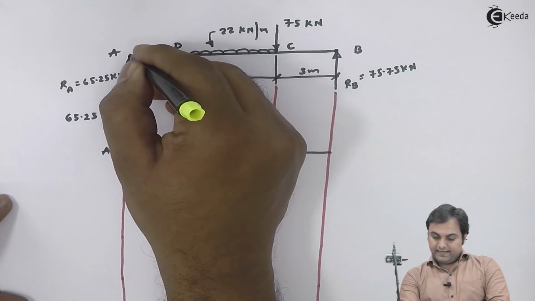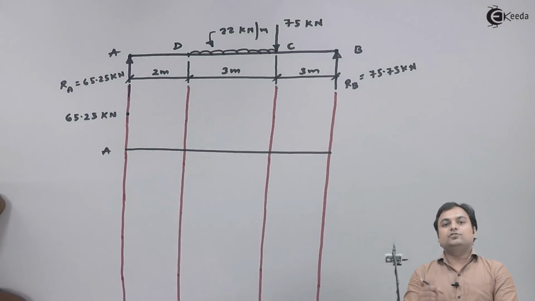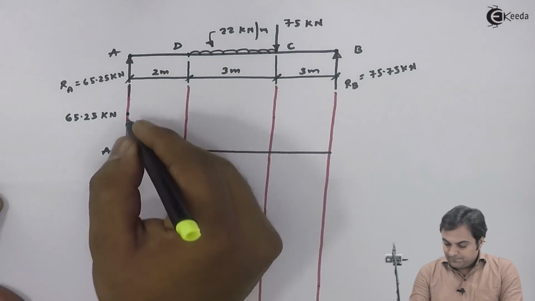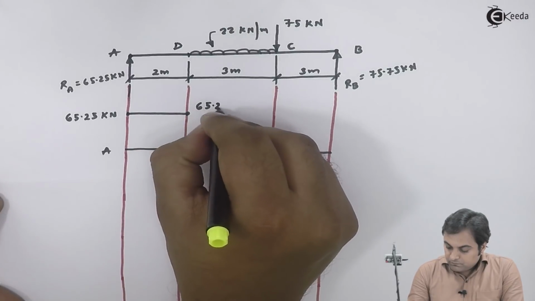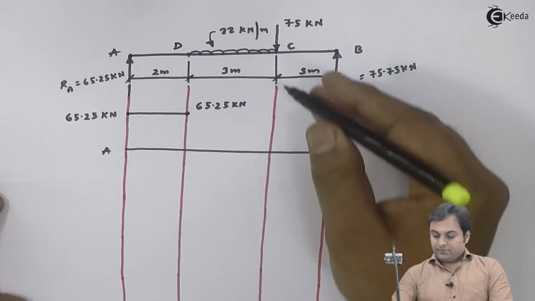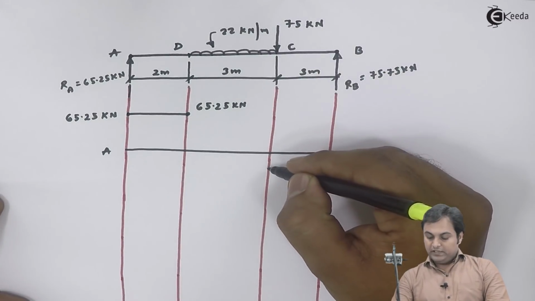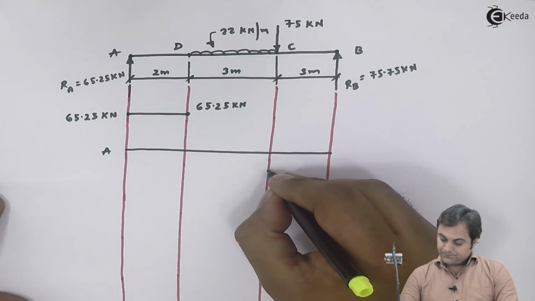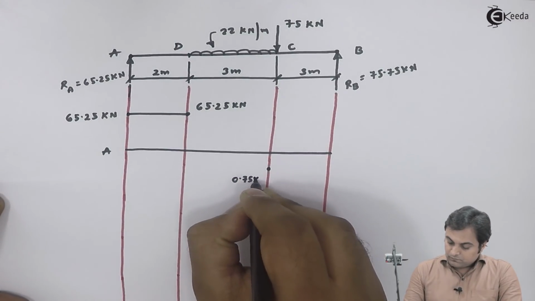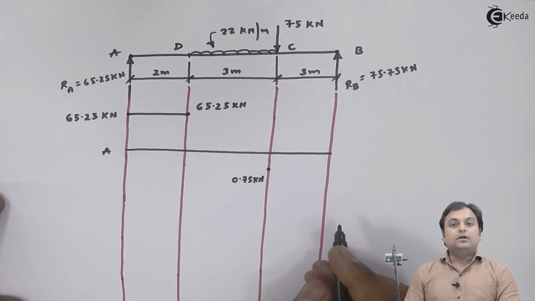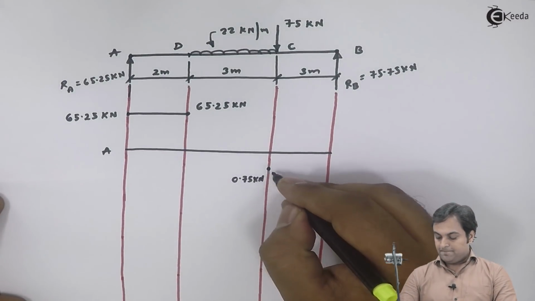Then between A to D, we don't have any load, so shear force diagram should be a straight line. Next, at point C, we are having two values of shear force. One is 0.75 and the other value is minus 75.75 kilonewton.